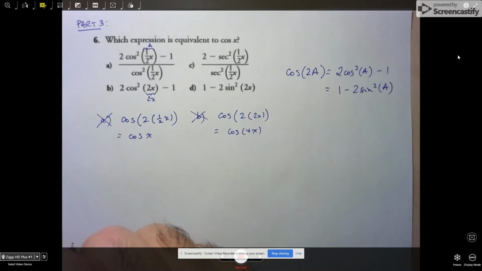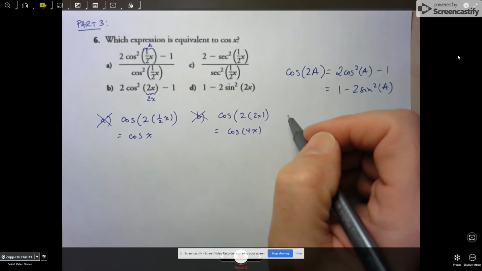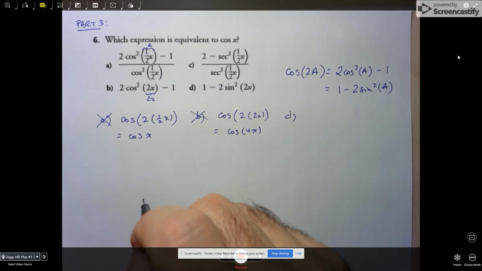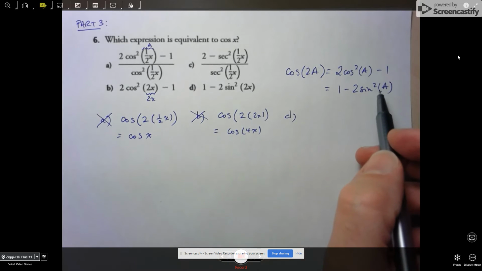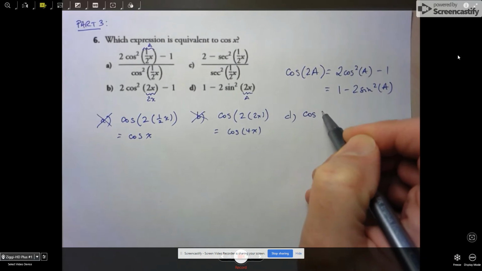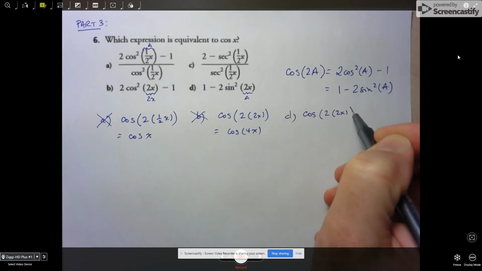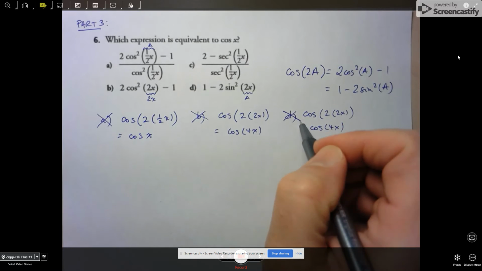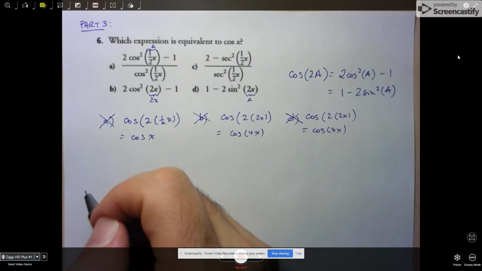So B is eliminated. And in fact, D is almost identical, because it just follows this pattern here. The 2x is like my A. So again, this is equal to cos of 2 times 2x, which is cos 4x, which is not equal to cos x. So D is gone.